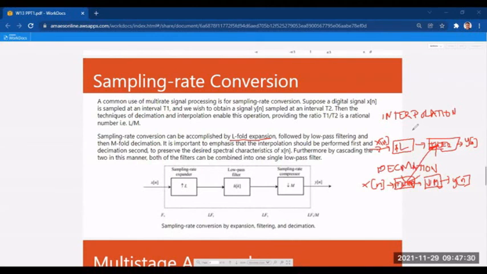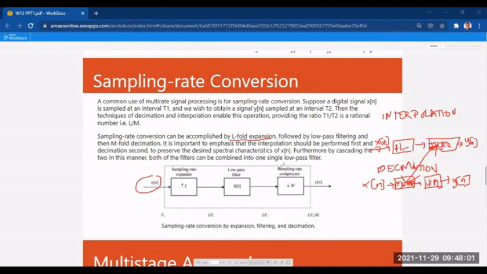And we always start with interpolation. Why? Because if we start with decimation, for example, we have our signal here, decimating the signal first will lose its quality, because of the lower sampling rate. The information will not necessarily be destroyed, but the quality will not be recovered as accurately as possible.